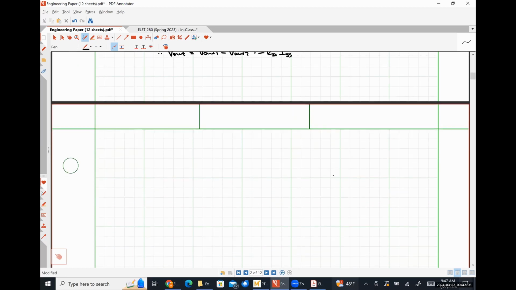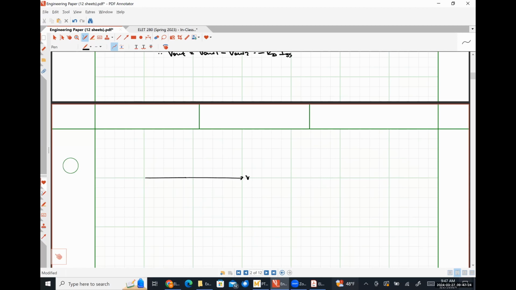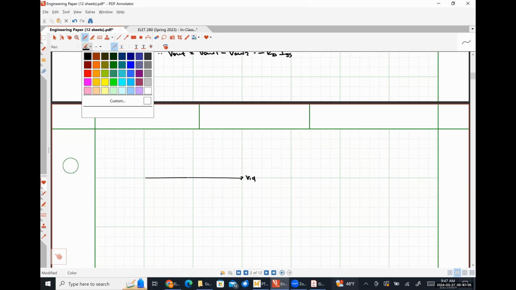I'm going to have two graphs that are very similar. This axis is going to be our differential voltage, and the vertical axis is going to be for our currents. And what we're going to wind up getting is something like this.